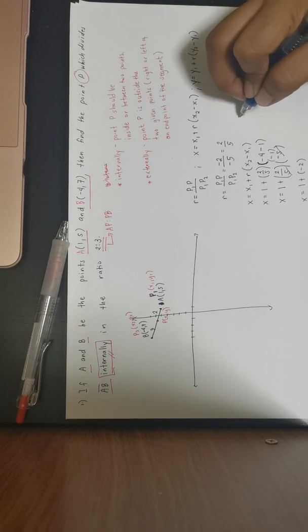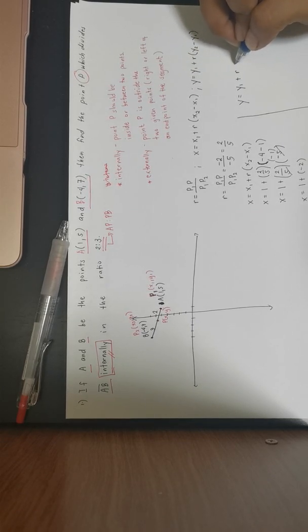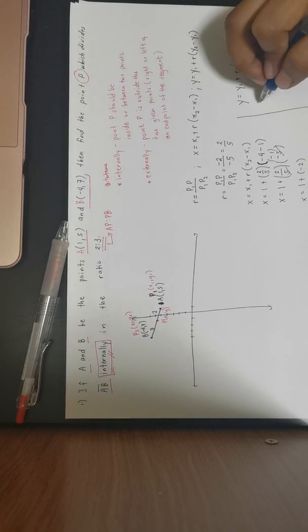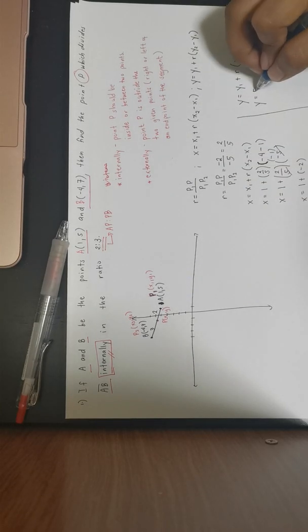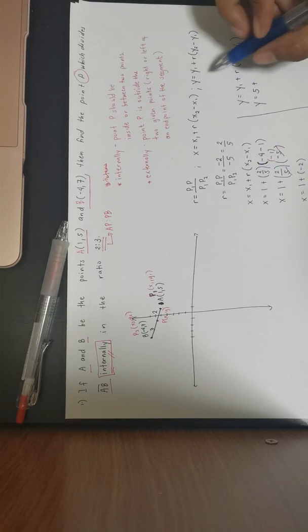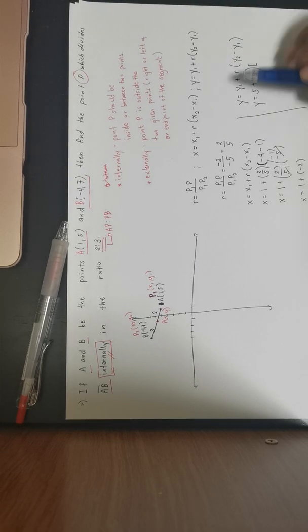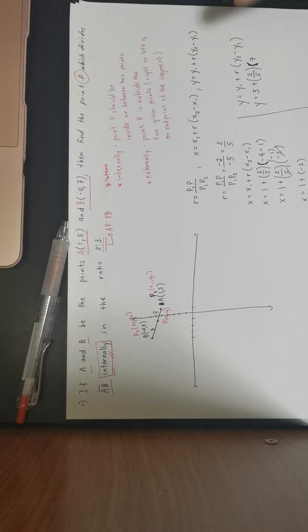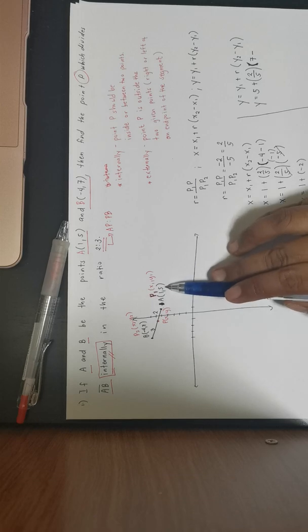Now, let's get the value of y. y is y1 plus r times (y2 minus y1). So y is equal to y1, that's 5, plus r, 2/5, times (y2, which is 7, minus y1, 5).